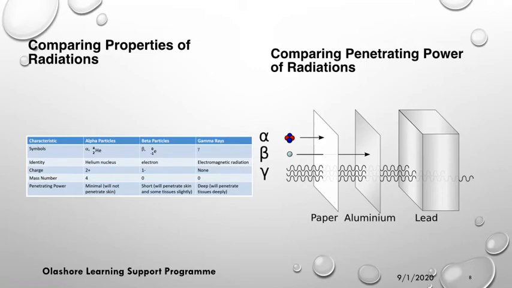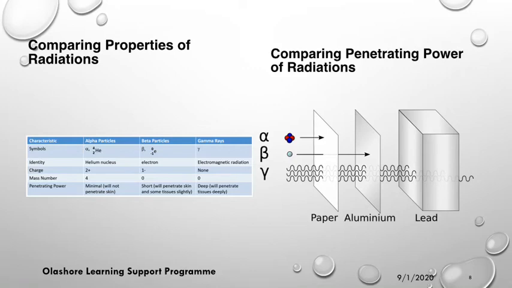Now, as this penetrating power increases from alpha to gamma, alpha being minimum, gamma having the maximum penetrating power, so also ionizing power reduces. So the particle with the highest penetrating power has the least ionizing power, while the particle with the highest ionizing power has the least penetrating power.